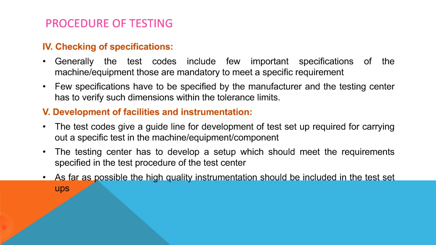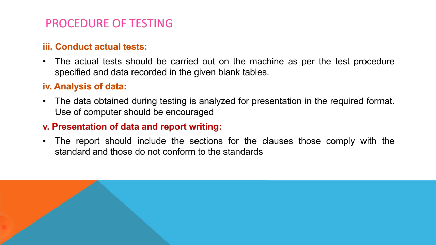Then we go for the facilities and instrumentation. Almost all the tractor testing agencies are already doing this, so they don't need much arrangement of facilities, which are already available there. Then we make ready all the instruments for the testing of the tractor.